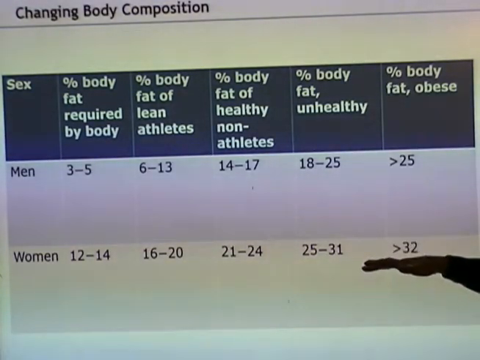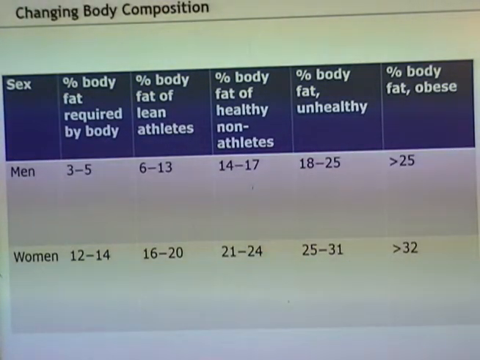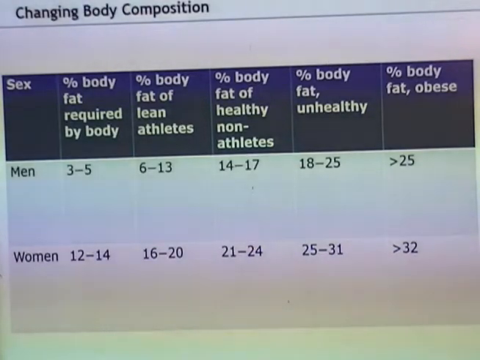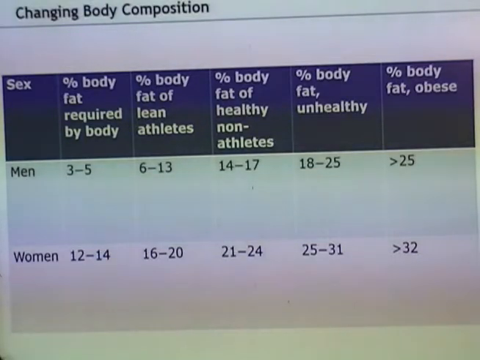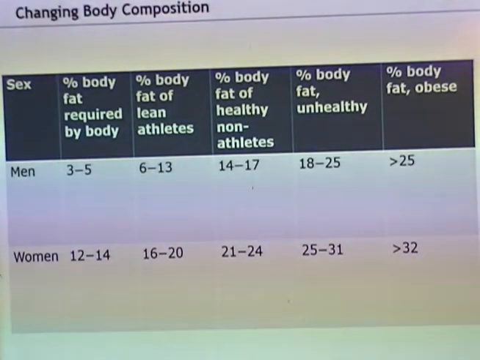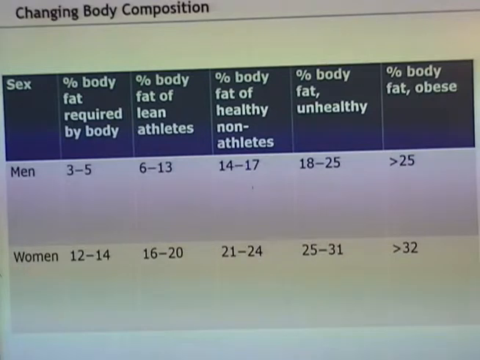For women, 12 to 14% is the recommended minimum, because girls are supposed to have more fat than boys. It's a blow, but that's just the way it is, right? We don't have that choice. That's just how it's meant to be. So when you see female athletes who are down around 10%, long distance runners often go below the guideline.